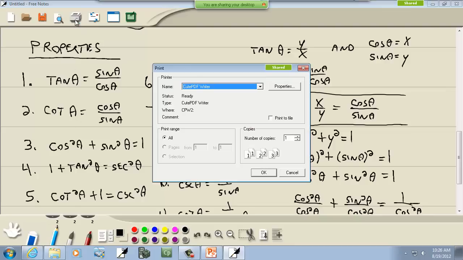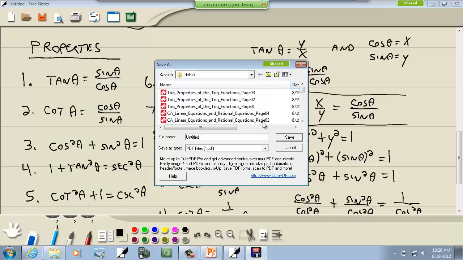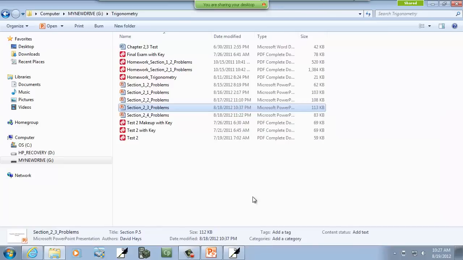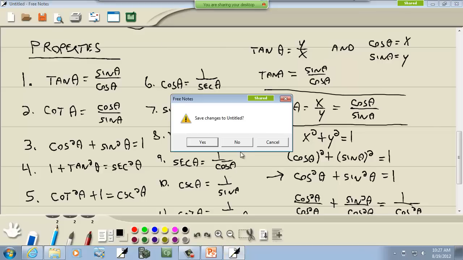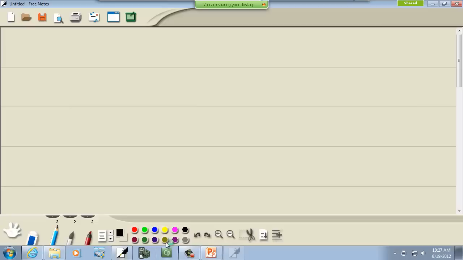Okay, let me save this. I'll write the properties up here again, because we'll need them for the next problems. Tangent theta is equal to sine theta over cosine theta.